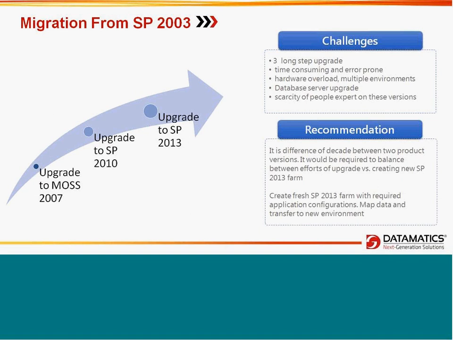The challenge is no in-place upgrade method is available. Microsoft has very deliberately removed in-place upgrade since the SharePoint 2013 version is backward compatible. What it means is it can coexist with your SharePoint 2010 portal on a SharePoint 2013 environment. It contains two hives, hive 14 and hive 15.